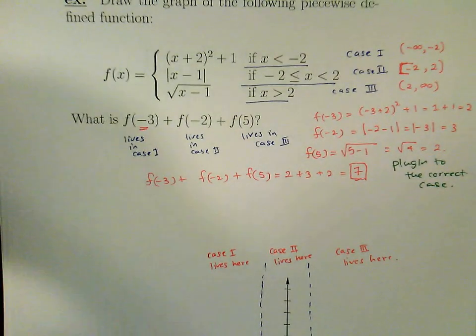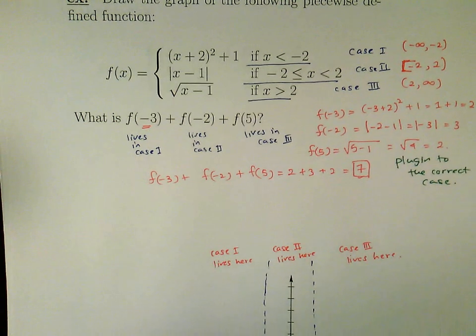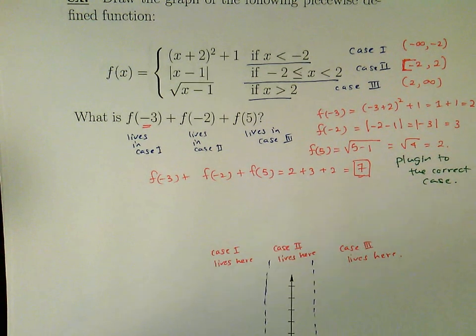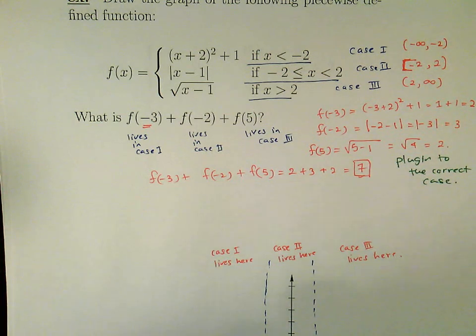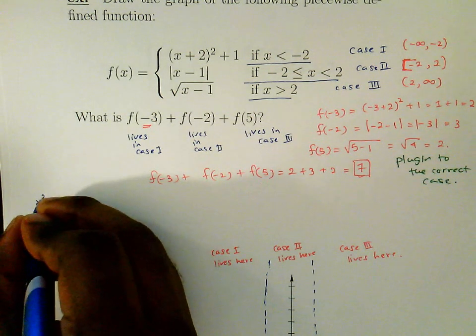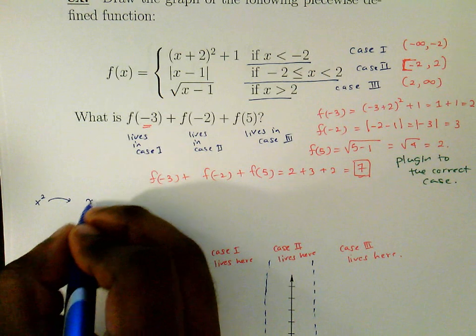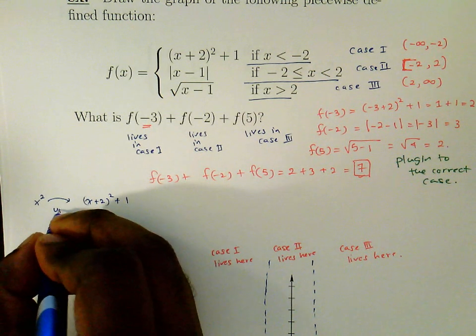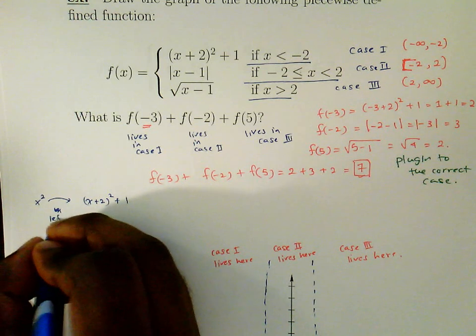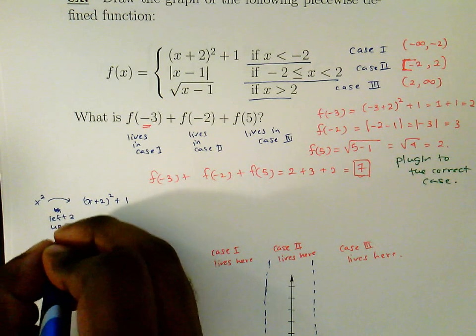Now I will use some things we learned in this lecture without further mentioning it. Now x squared, this graph (x plus 2) squared plus 1 is left 2 and up 1.